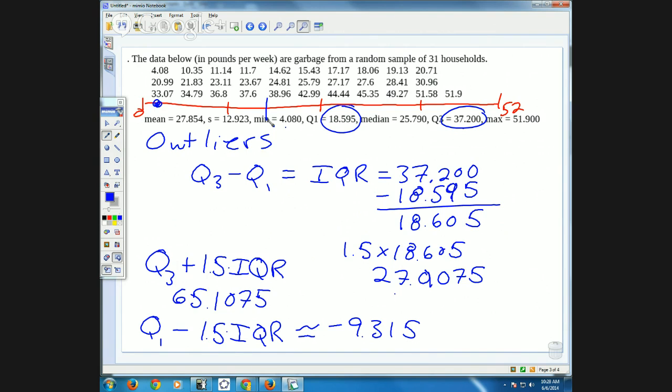Hey, that's pretty darn close to 26, right? There's my median. Q3 is 37. This is 39. So maybe that's right about here. So here's my box for the box and whisker. Here's my median. Here's my left number. And here is my right number just inside of 52. So the blue part is my box and whisker plot.